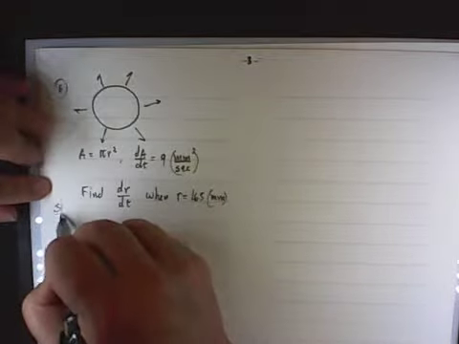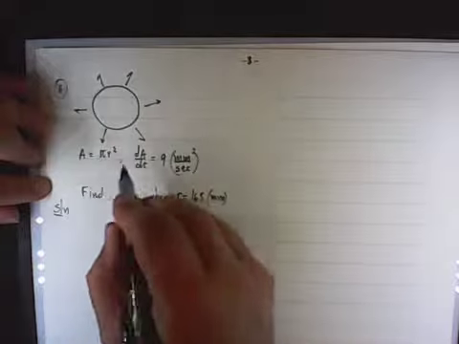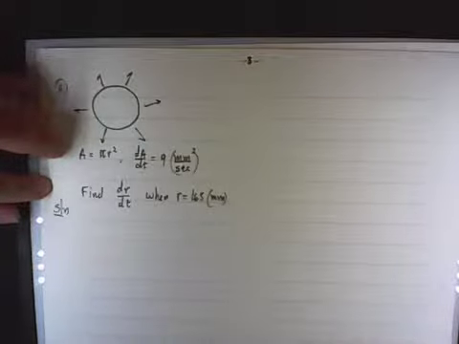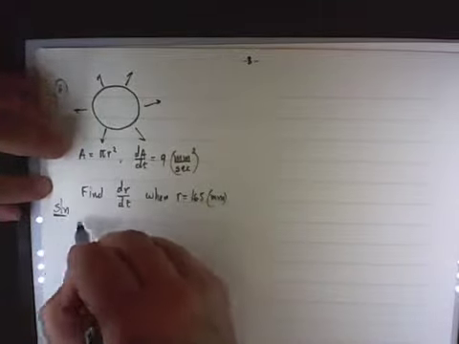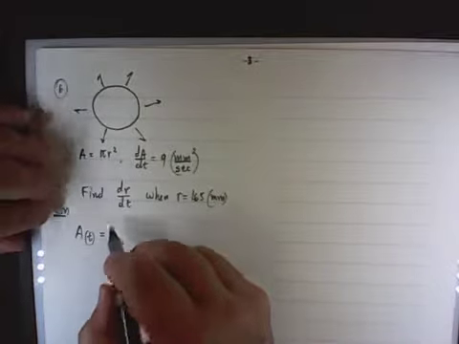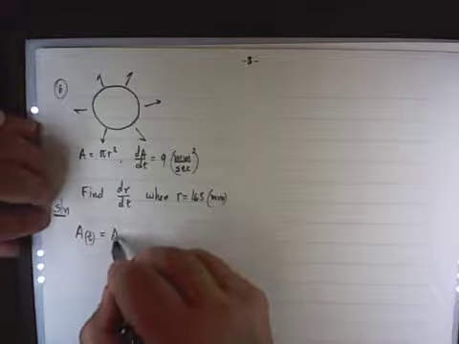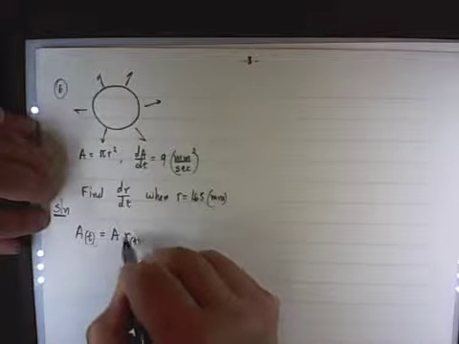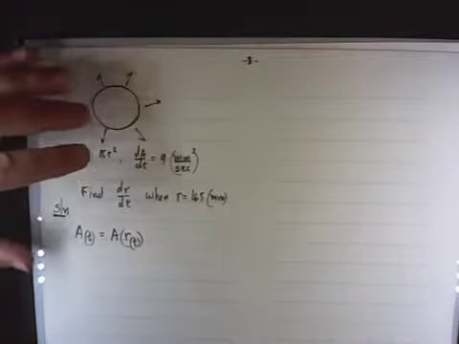So the solution: if A equals pi r squared, and A as a function of time is a composition, and the composition is only to justify the chain rule, because the chain rule is the derivative of composition.